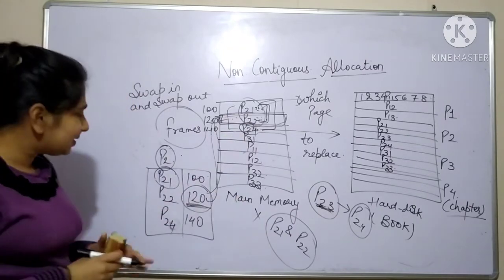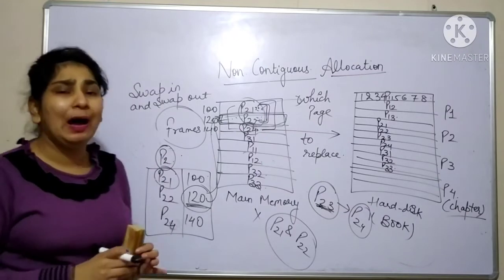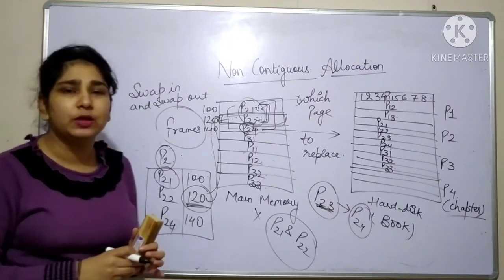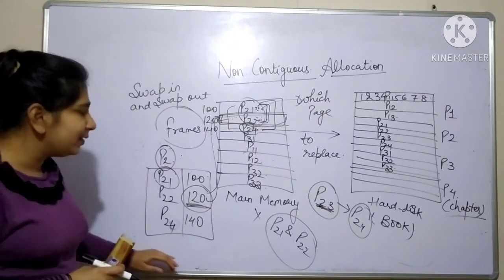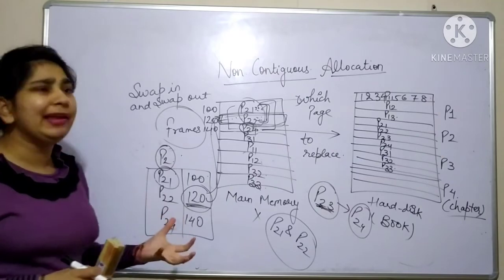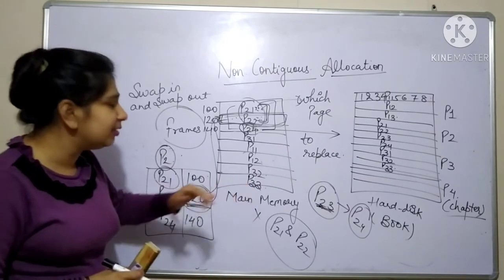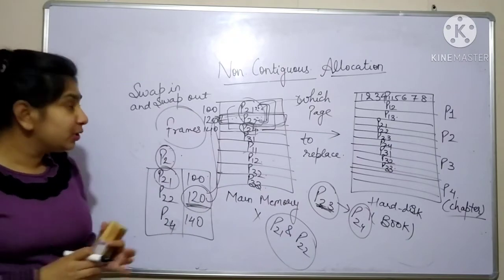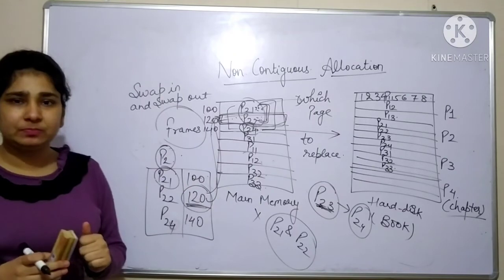We will discuss in the next video how we can convert from logical address to physical address. If your CPU is generating some instruction number, how can you find the location of that instruction in the main memory? So this is the complete mapping of the memory.